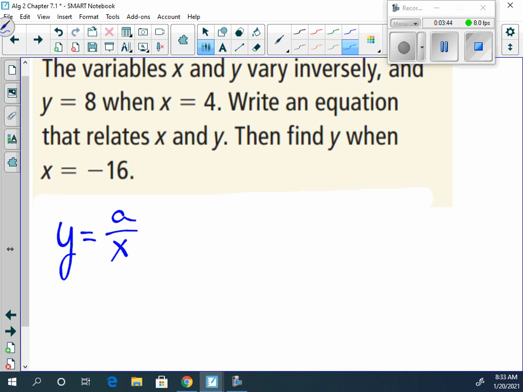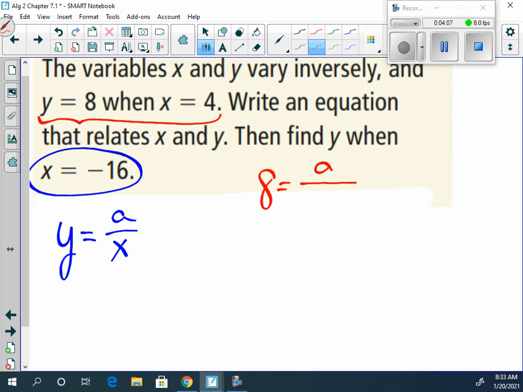And what's nice about this is if we can find the value of a, then we can solve for the value of y when x is equal to negative 16. Well, we can do that by first using the fact that y is equal to 8 when x is equal to 4. So we can say 8 is equal to a over 4.